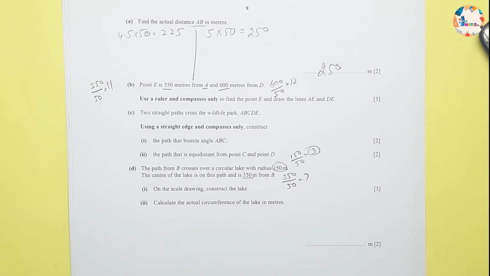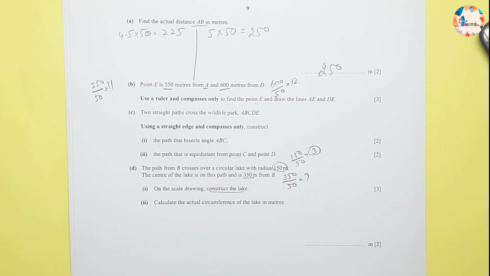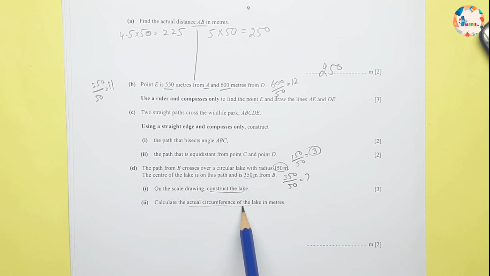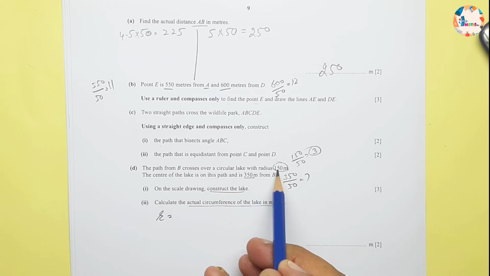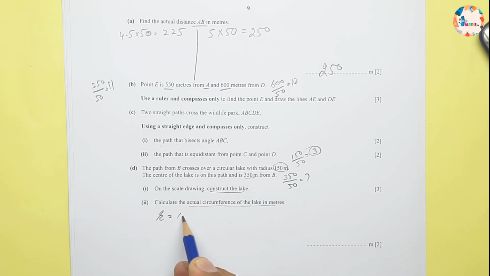Only the last part is remaining. On the scale drawing, construct the lake, which we have done, and then they are saying calculate the actual circumference of the lake. Radius is given as 150 meters, right? So circumference C is equal to 2 pi r.